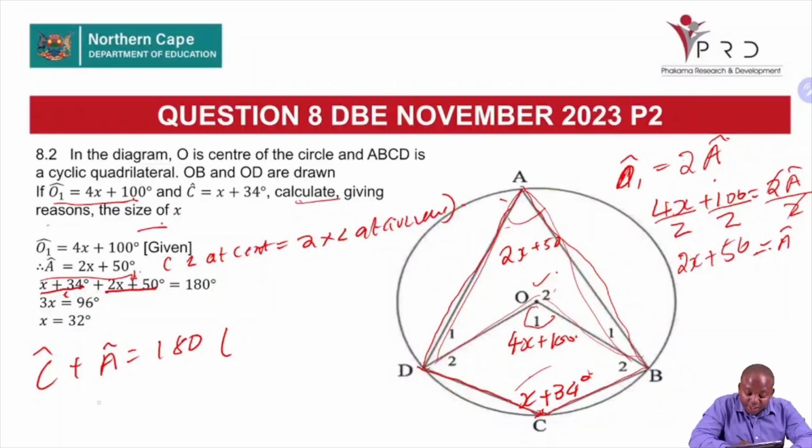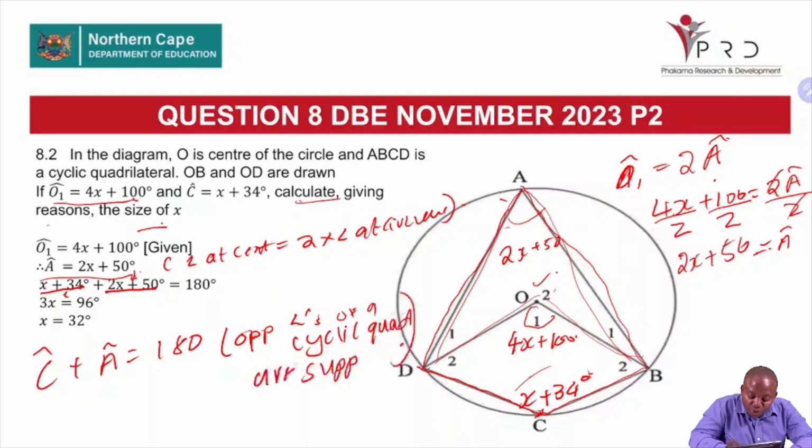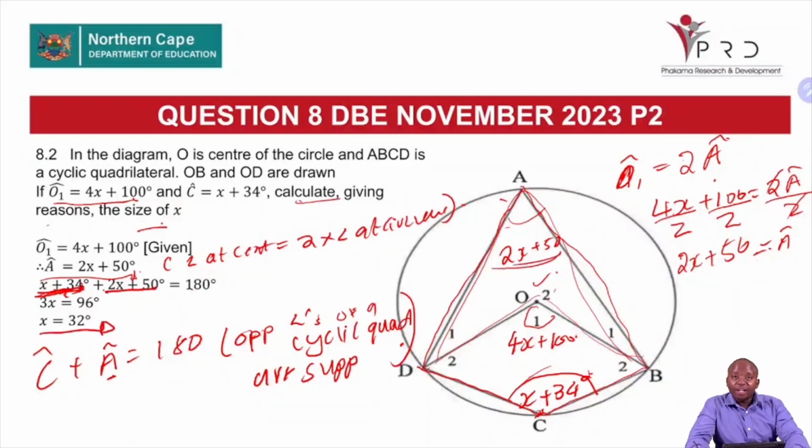The reason is opposite angles of a cyclic quad are supplementary. So angle C is x plus 34, plus angle A, which is 2x plus 50, equals 180. Then we solve for x, and our x is 32.